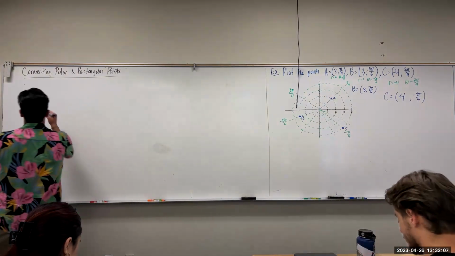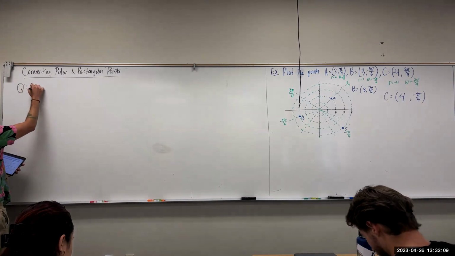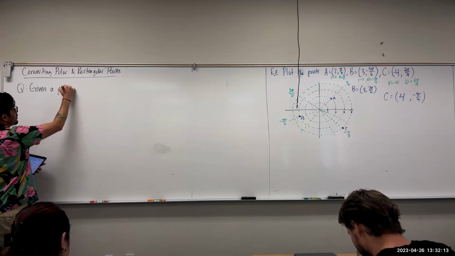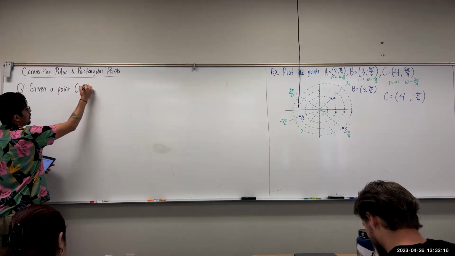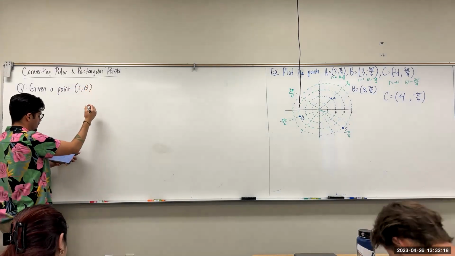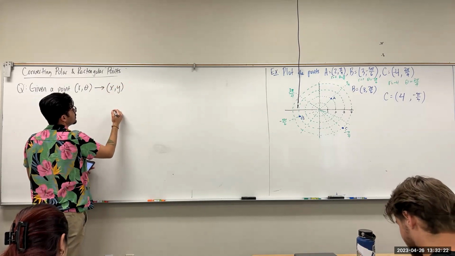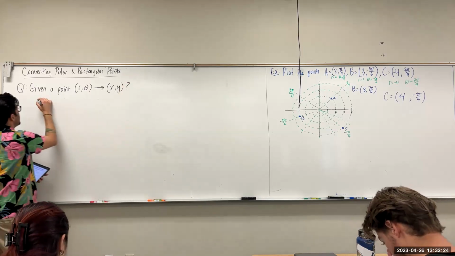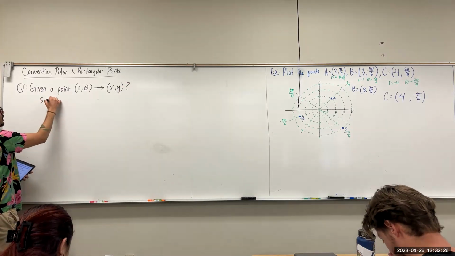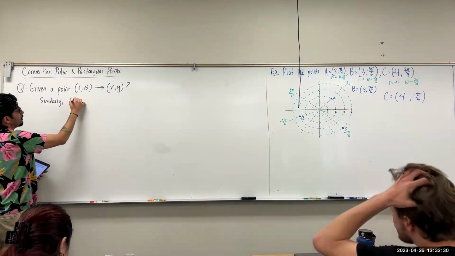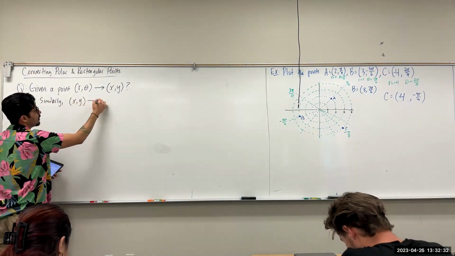Okay, so here's the question. Start with this one first. So given a point r comma theta in polar coordinates, how do we convert that into an xy point? And then similarly, if I have an xy point, how do I convert it to a polar point?